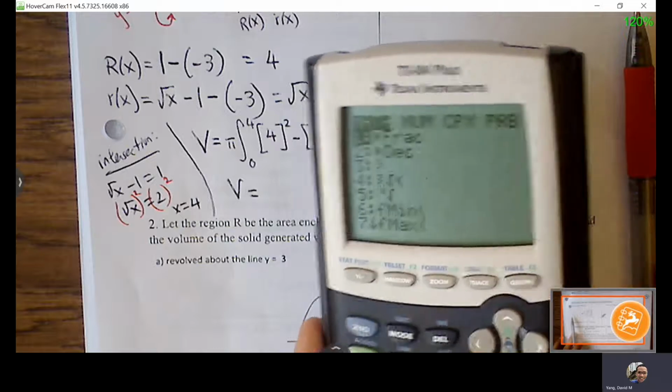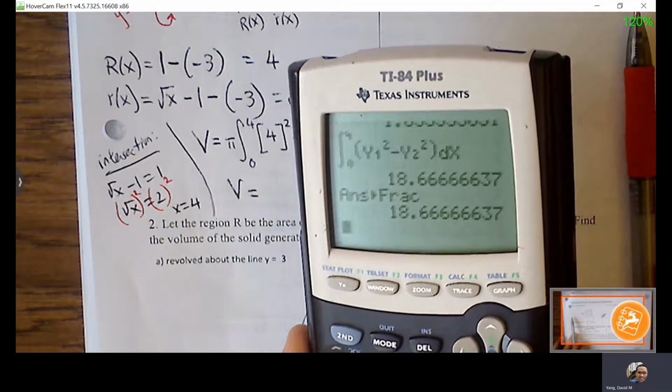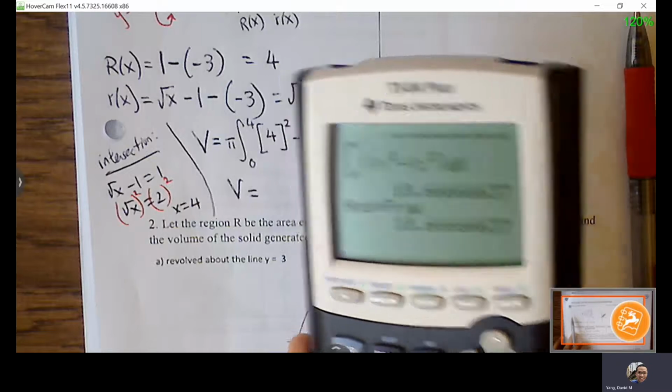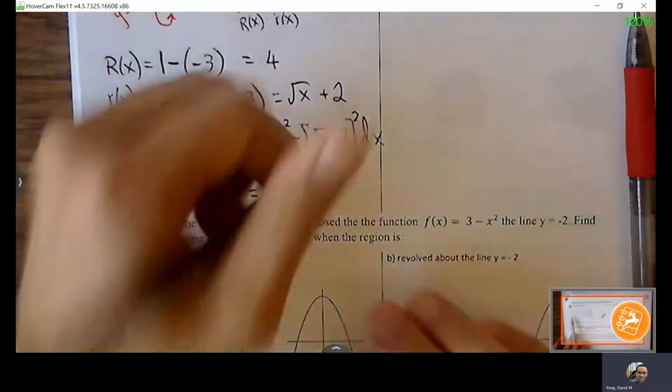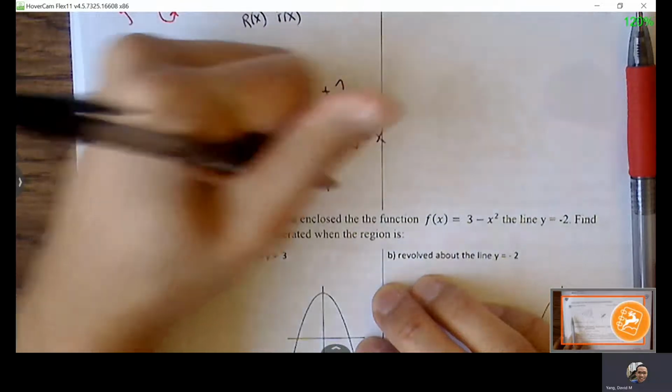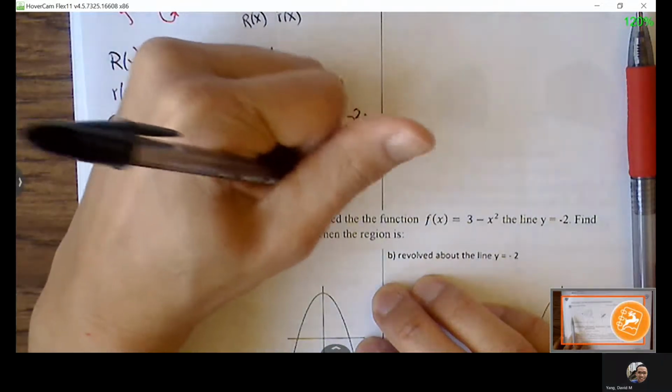Let's see if it'll convert to a fraction. It doesn't, so we'll leave it at that. 8.667. Don't forget pi, and then units cubed.